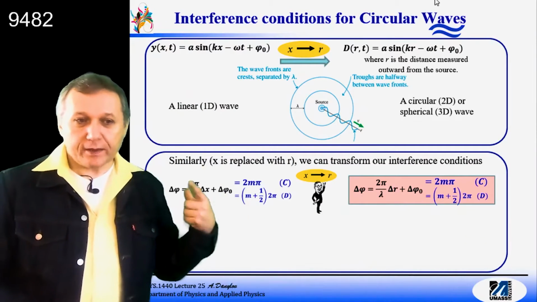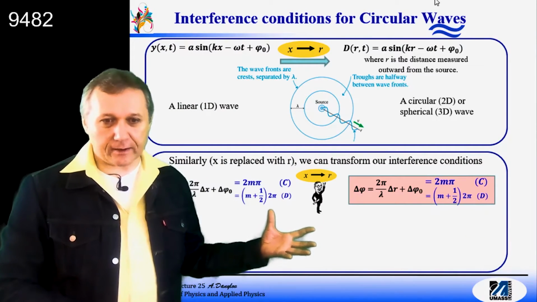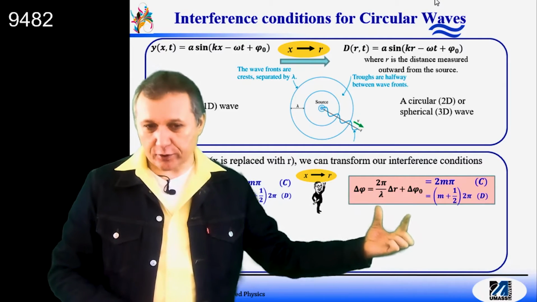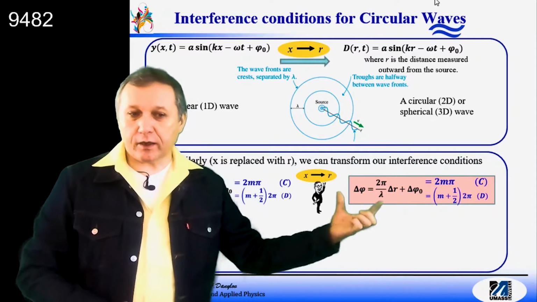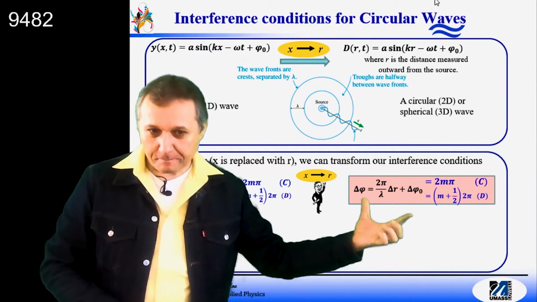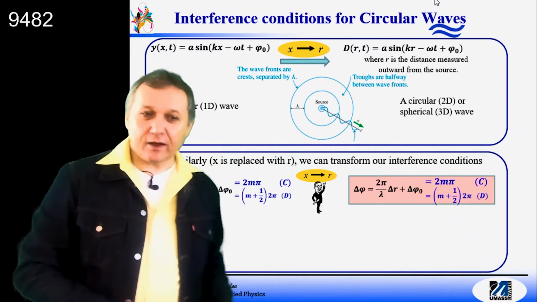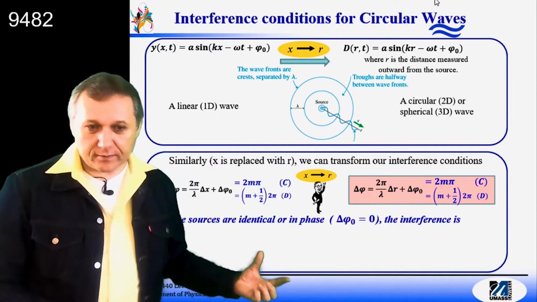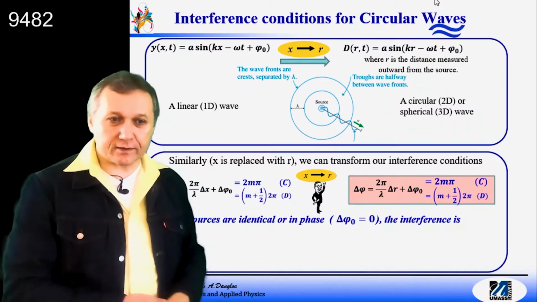Okay, and before we start discussing that situation, let's also look at a very special situation. What if two sources producing these waves are identical or in phase? In that case, the inherent phase difference is 0.